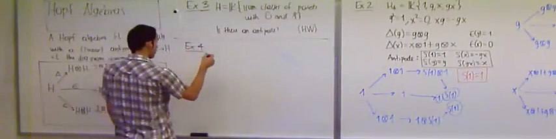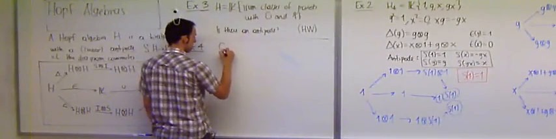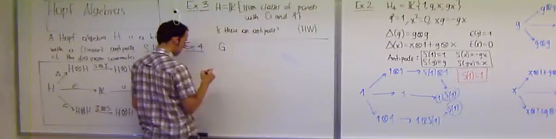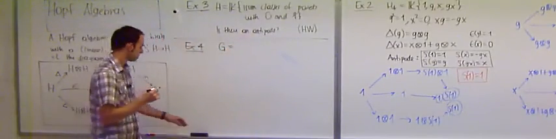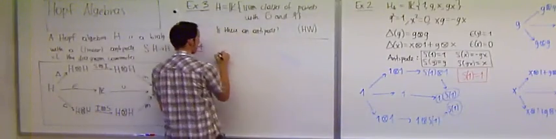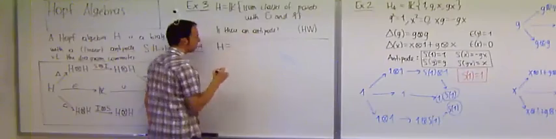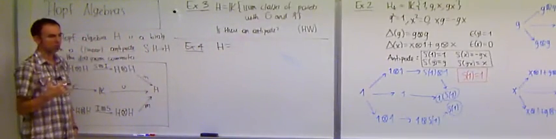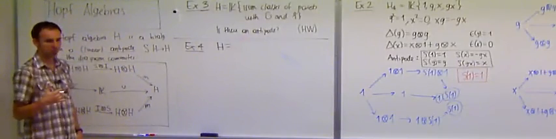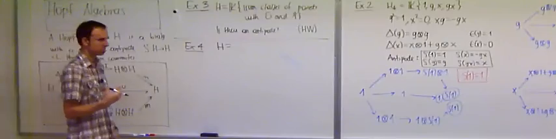Okay, let's do another example. Let's do now not a group ring, but the bialgebra that we constructed from a monoid.